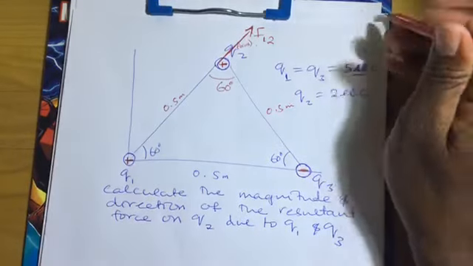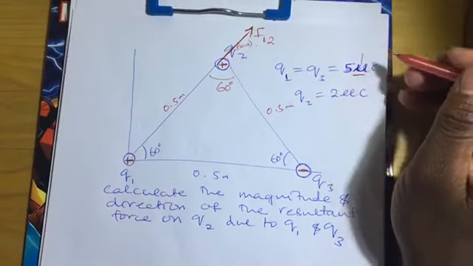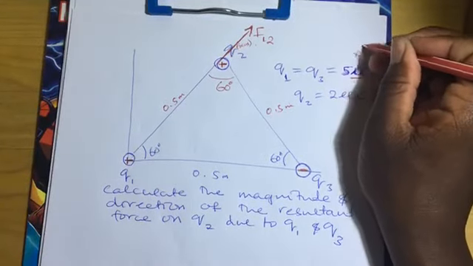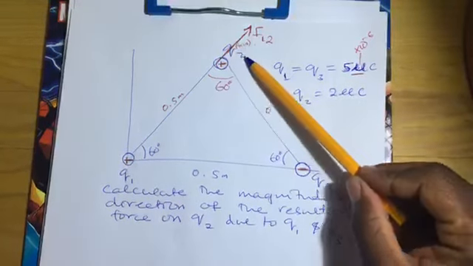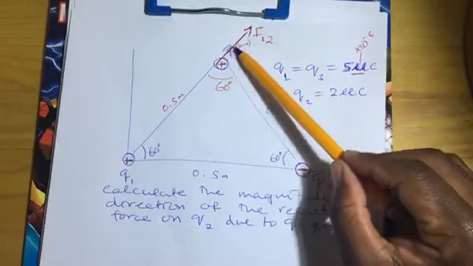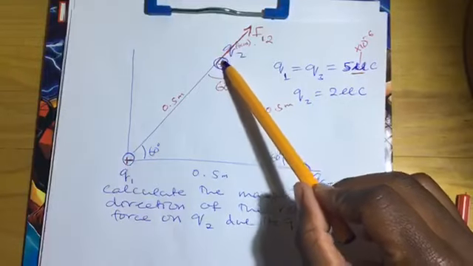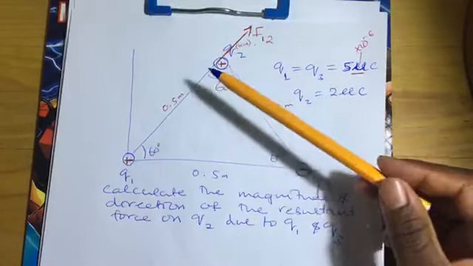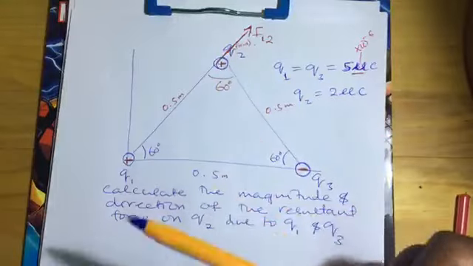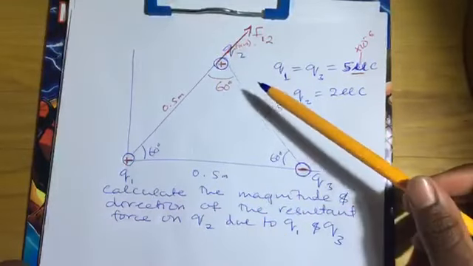Then I asked, what does micro mean? And people answered that this is times 10 to the power negative 6. Next, I started doing these arrows. The arrow can point away from this charge, or it can point towards a particular charge, depending on whether they are attracting or repelling.